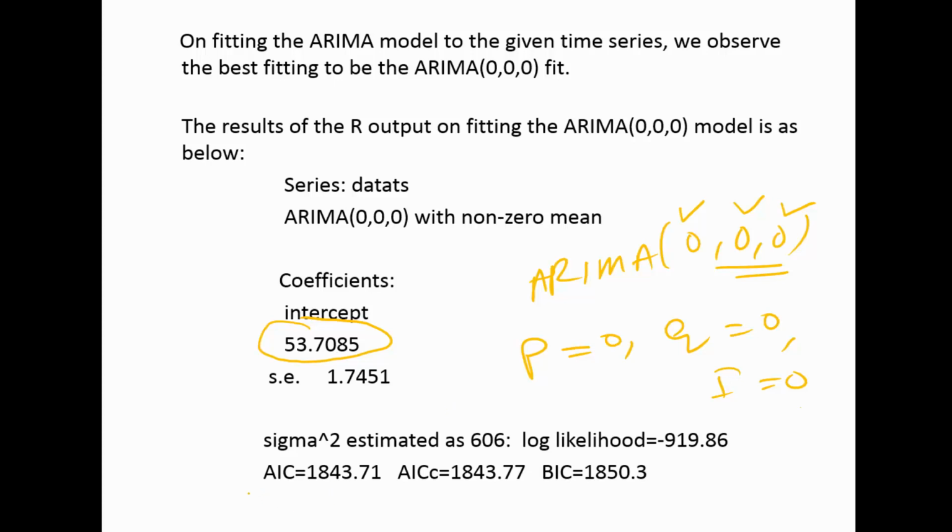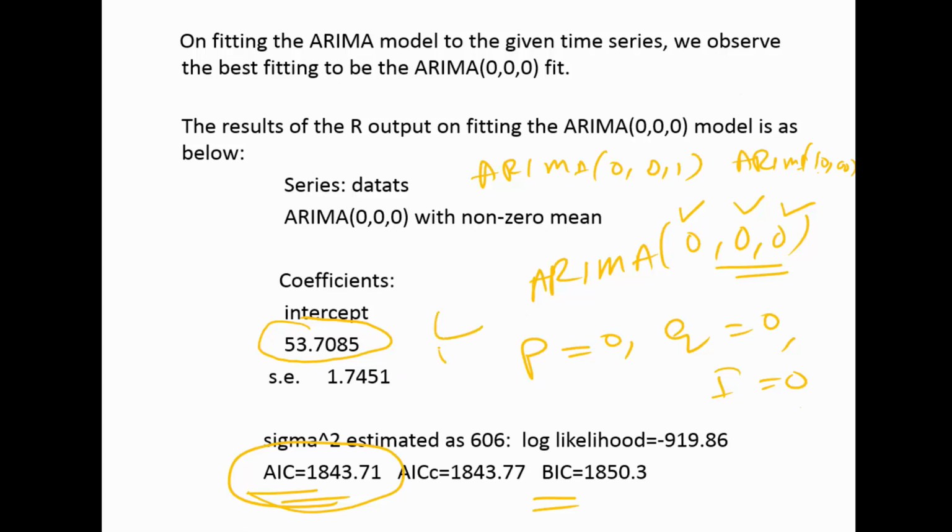And you also have the AIC and BIC. You can try out other models like ARIMA(0,0,1), ARIMA(1,0,0), ARIMA(1,1,1), ARIMA(1,0,1), and try out all these things and look at the AIC or BIC values, right? You will see that they are higher than this.